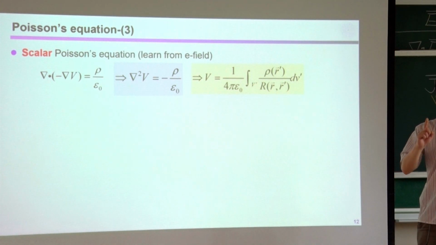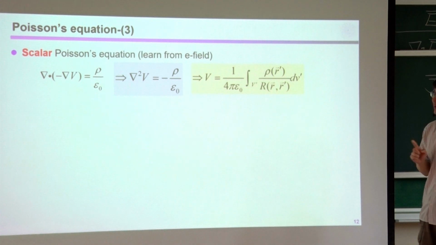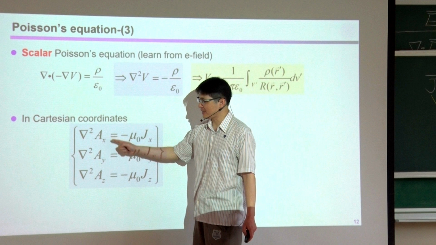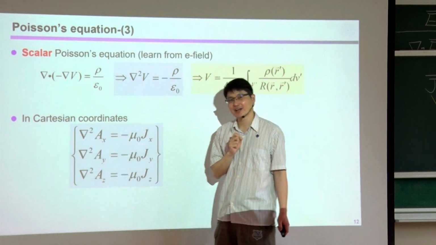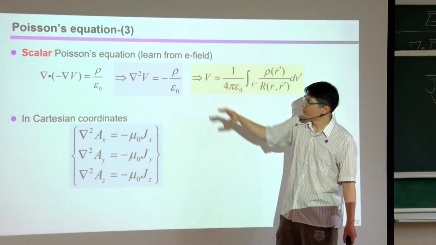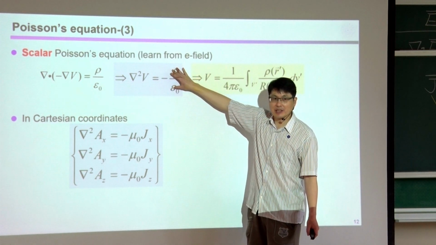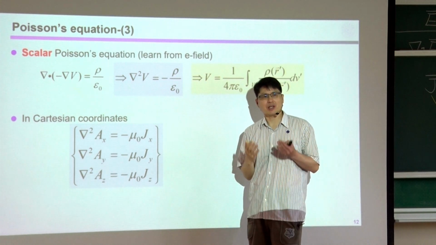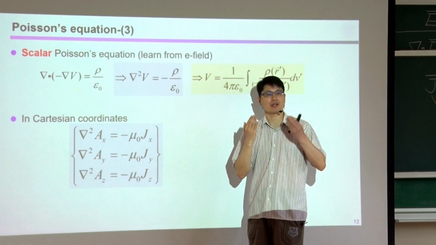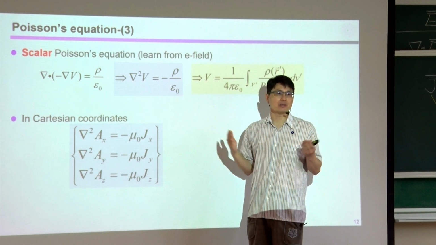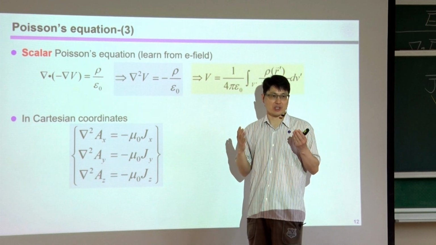Now, what do we have to do to know the solution form for AX, AY, and AZ? Take a good look. For electricity and magnetism, basically you are solving the same equation in the same form. They're all called the scalar Poisson's equation.